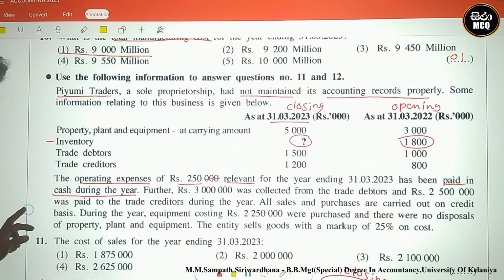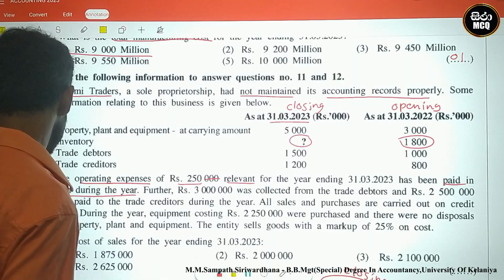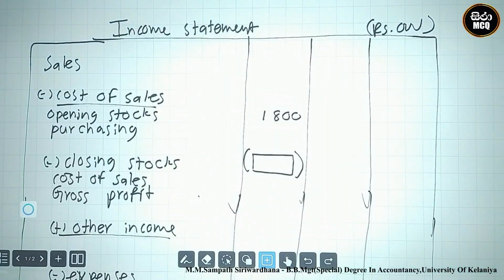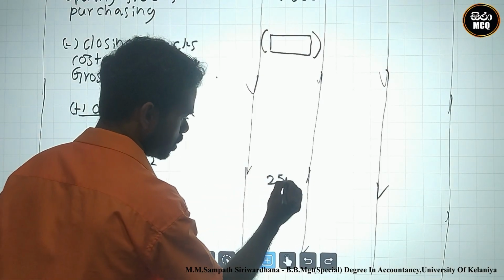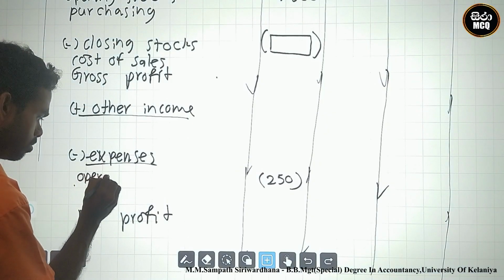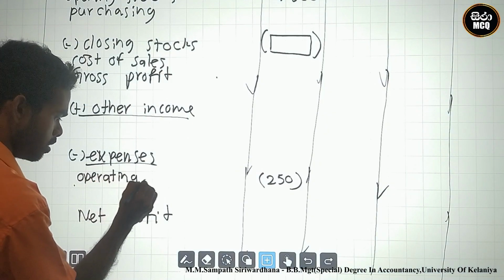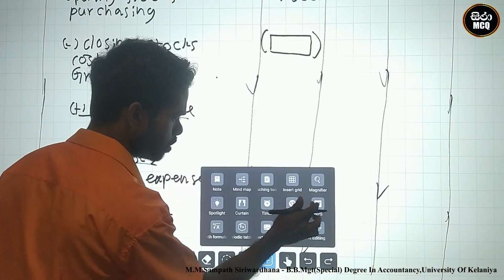This operating expense 250 we can include as an expense, and we must deduct it.